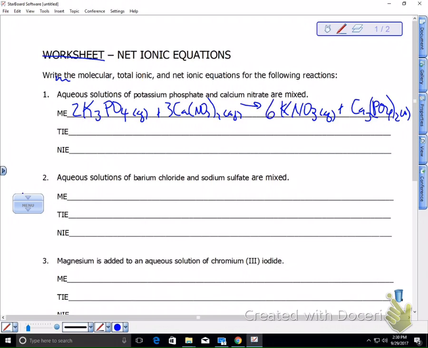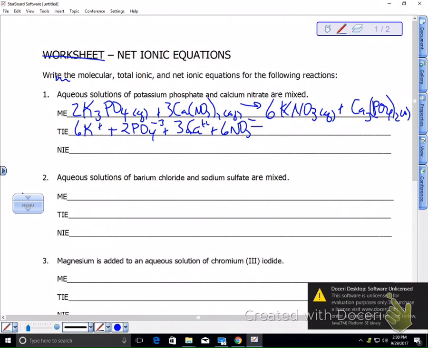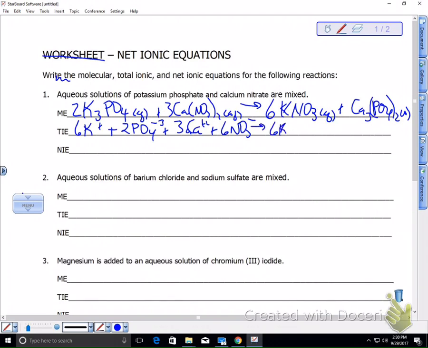Okay, now I'm ready. So I have a grand total here of 6 potassium ions. We're not going to worry about writing aqueous next to those. 2 phosphates. I'm going to have 3 calcium ions, and I'm going to have 6 nitrates, 6 potassiums, 6 nitrates over here, and then I'm not going to do anything to this calcium phosphate.